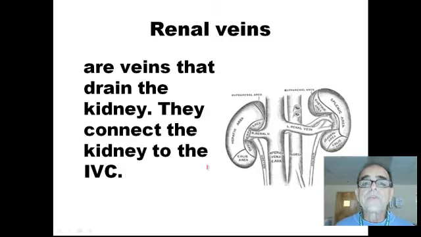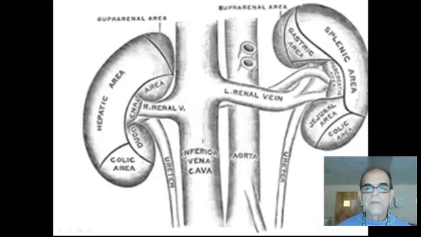The other curious thing about the renal vein is that the left renal vein is the only vein that courses anterior to the aorta. More than this, the left renal vein courses between the superior mesenteric artery and the aorta. You have here the right and the left renal vein.